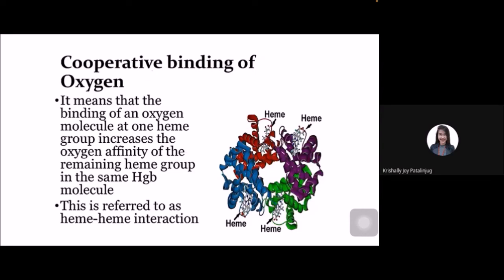Let us continue discussing the behavior of particularly hemoglobin, especially with its ability of cooperative binding of oxygen. Mind you, class, that cooperative binding is synonymous to the term heme-to-heme interaction.